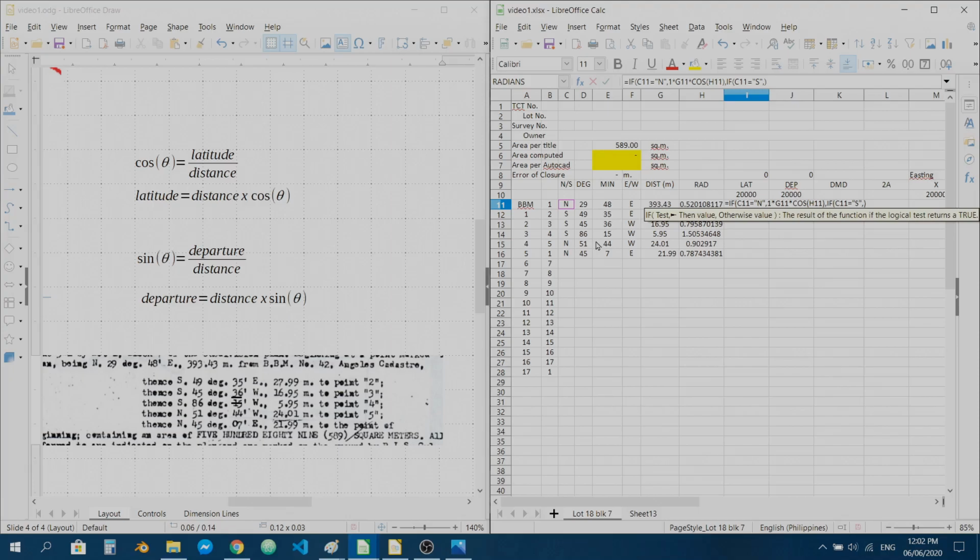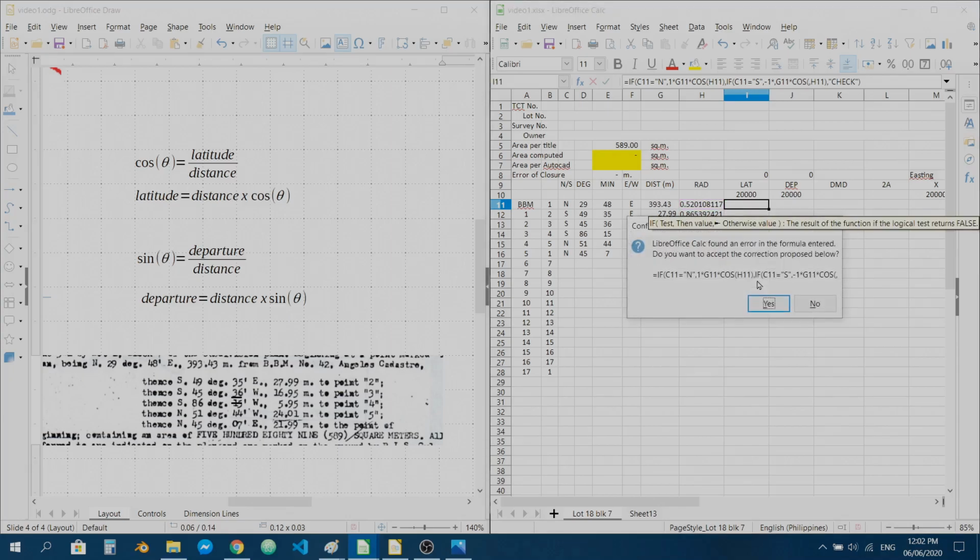The value is negative 1 times, since we're computing for the latitude, the distance times cosine of theta. Which theta? The one converted into radians. Otherwise, let's just put a check, because we might make a mistake.